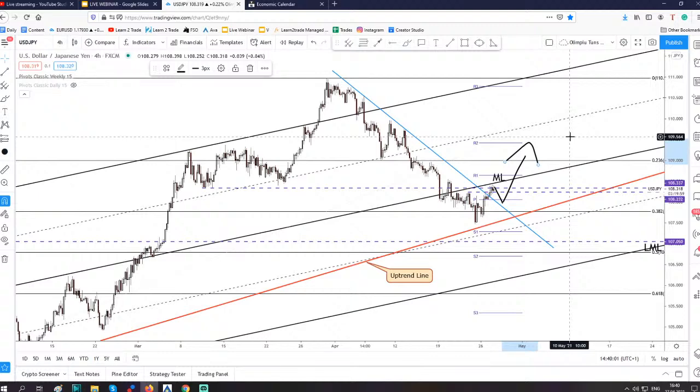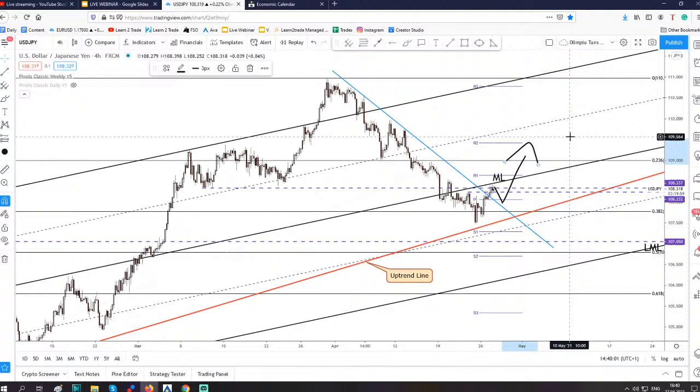Okay, and if the DXY, the US dollar index, will jump higher, let's take a look again at the DXY. If the DXY will jump higher today, right after the CB consumer confidence is released, then the dollar versus the Japanese yen will jump higher.